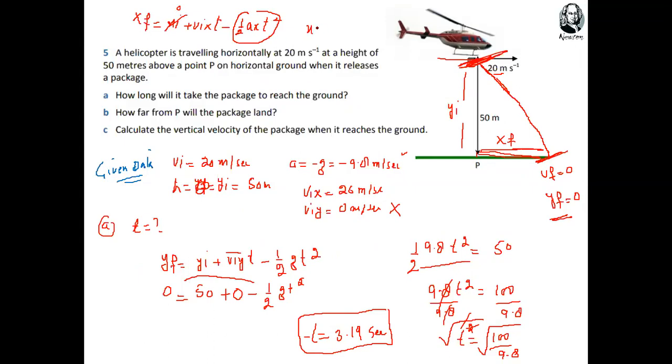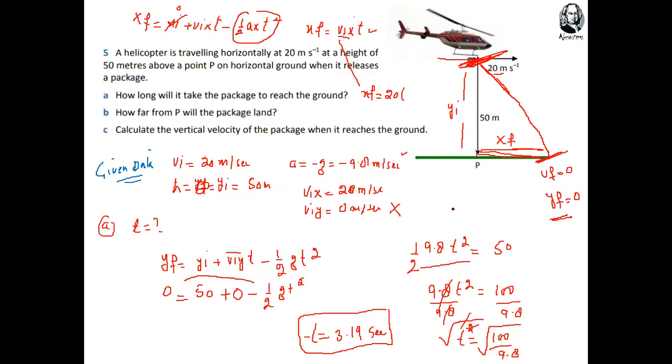So we have only xf is equal to vix multiplied by t. We know that vix is equal to 20 meter per second, so we have 20 multiplied by time.